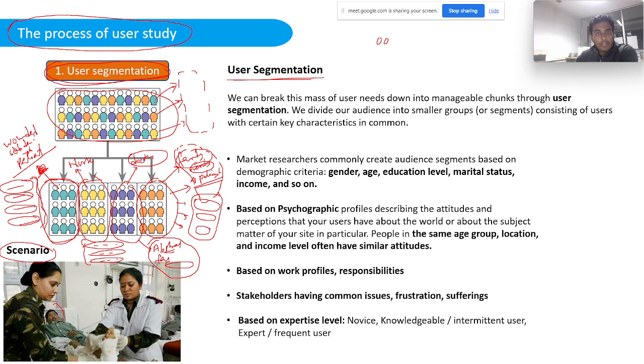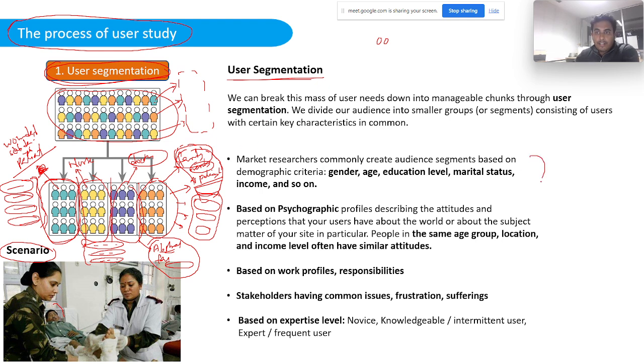When you do such segmentation, it is easier for you to frame the set of questions, to frame your requirements and evaluate the data later for further research to collect information on requirements. That's why we do user segmentation as the first activity.